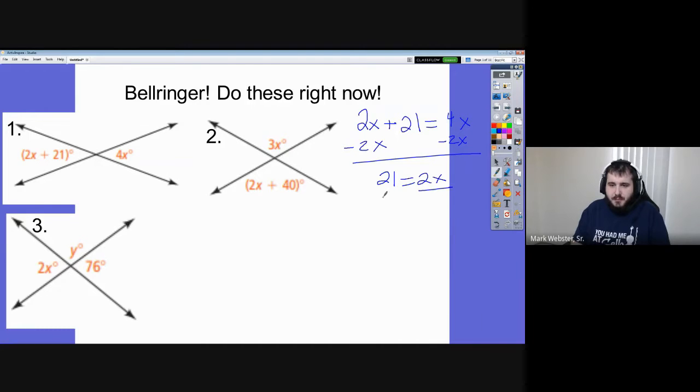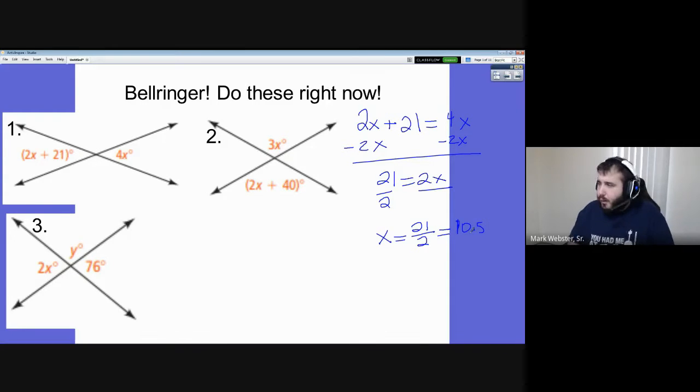And then when I divide both sides by 2, I get x equals 21 over 2, 21 halves, or you could also say 10 and 1 half, 10.5. Either of those writings should be good for number 1.